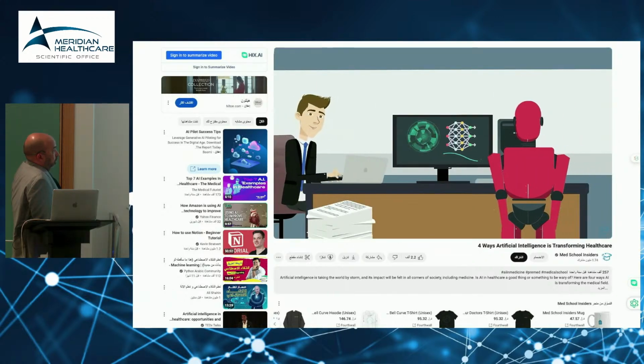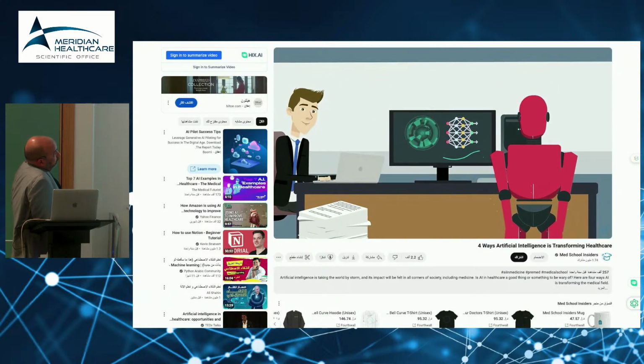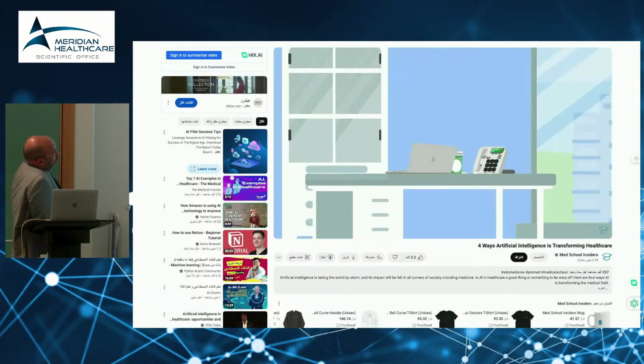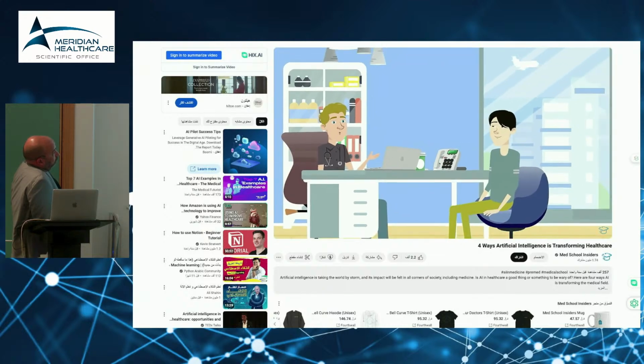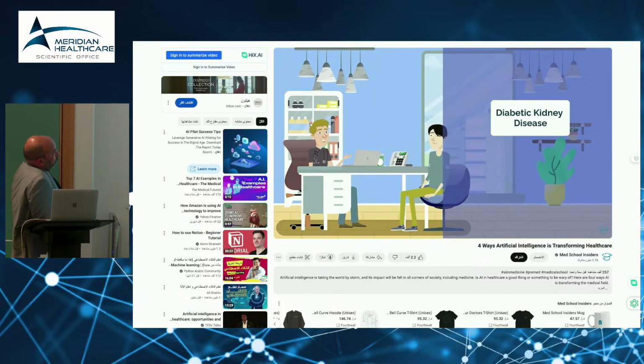Researchers have also used AI to develop models that predict the likelihood of developing diabetes based on various risk factors. Early diagnosis and treatment of diabetes can prevent complications like diabetic kidney disease and blindness, which are emotionally distressing and costly for both patients and the healthcare system.